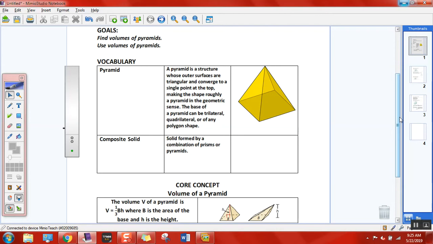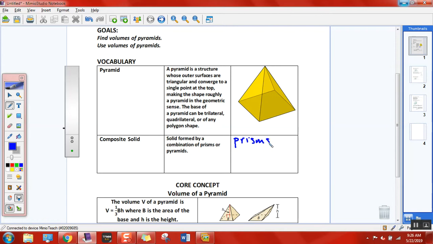Things you're going to see today for composite solids might look like this. Look up here everybody, you might have this cube as part of it, but on top of it might be a triangle. Okay, so if I had to say what's the volume of the whole thing, that's like the volume of a cube plus the volume of a what? So you might have to add volumes of prisms and pyramids together, okay?